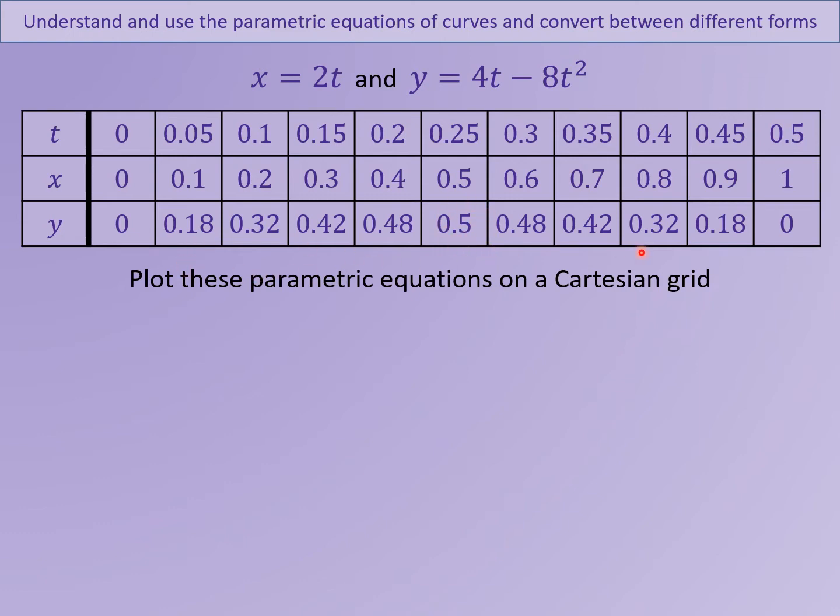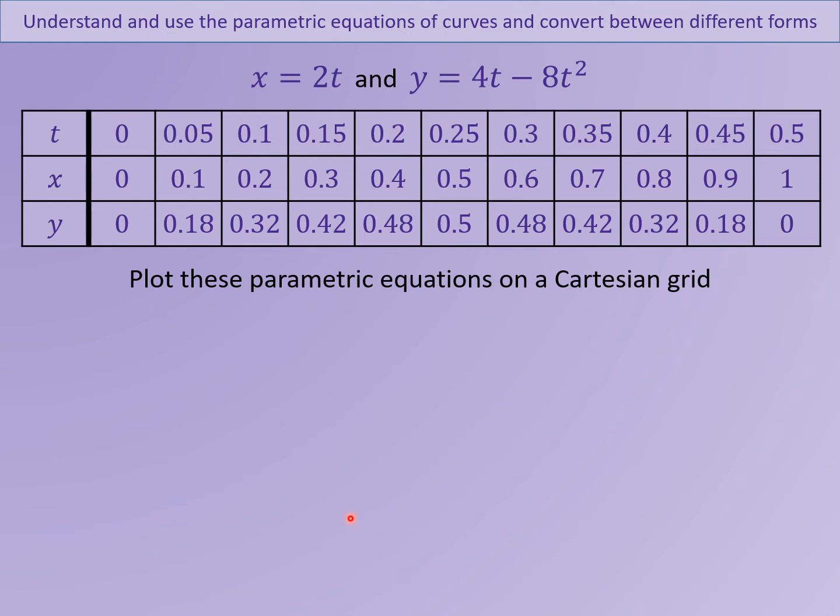Okay, and then what I'd like you to do is just have a go at plotting x against y. You can completely ignore t now. We've used t to get the x and the y values of the football at certain points. So the t's been used. We can ignore it. We can ignore the equations. I just want you to plot those two things. Okay, so pause it there. Have a go at plotting it. See what you find out.